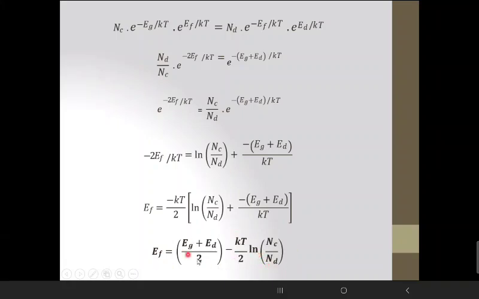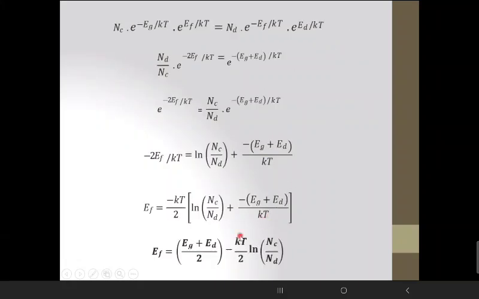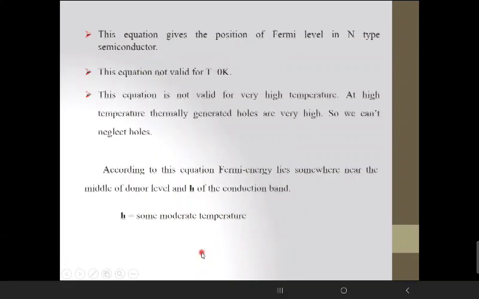So this equation is only valid for low temperature, not for high temperature, because we assumed low temperature. This equation gives the position of the Fermi level in an N-type semiconductor. It is not valid at T equal to 0 Kelvin, where the Fermi level is at Eg plus Ed by 2, and it is not valid for high temperature.